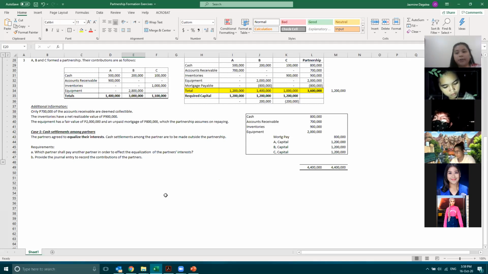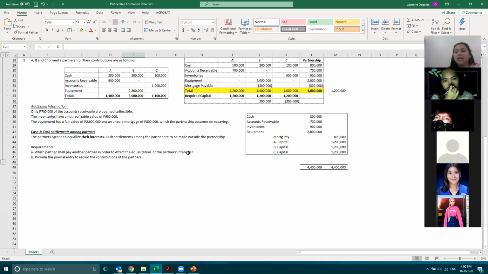So, simple recording lang. So, since si A nag-invest ng cash 50,000, si B 100,000, so debit cash 150,000, credit A capital 50,000, credit B capital 100,000. So, as is, pag silent yung problem.